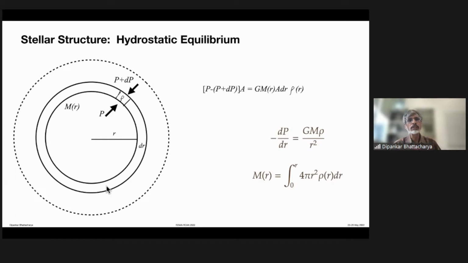And let's look at the forces on it. If the star is stable, that means all forces on this shell of material are balanced. Let's consider the thickness of the shell, an infinitesimal thickness dr.